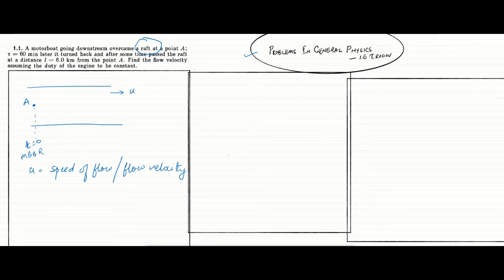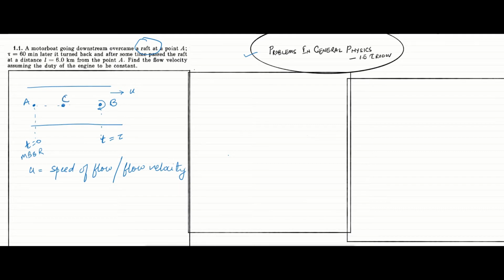Then they start moving along the river, and the motorboat went up till say a point B, and this was at time t equal to tau when it took a turn and started moving backwards, and then it came to a point C. Let's assume it's all in the same line.